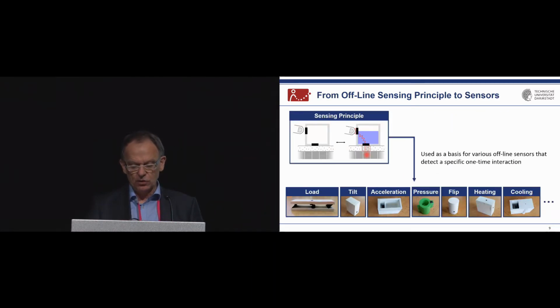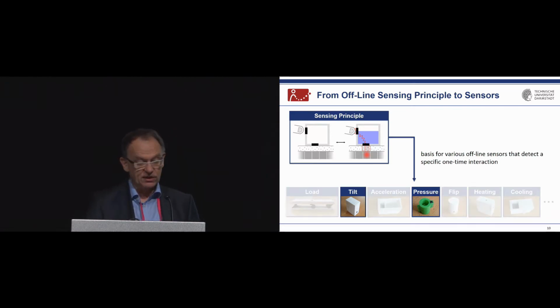And it was used for us designing and building quite a series of different sensors and sensor value types. For the sake of time, let me just concentrate on two of them.